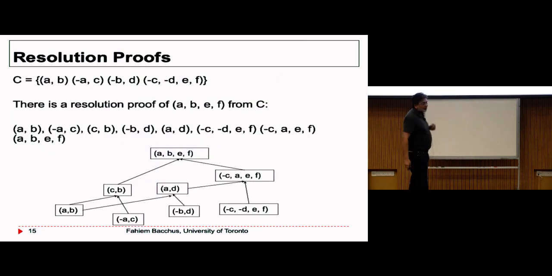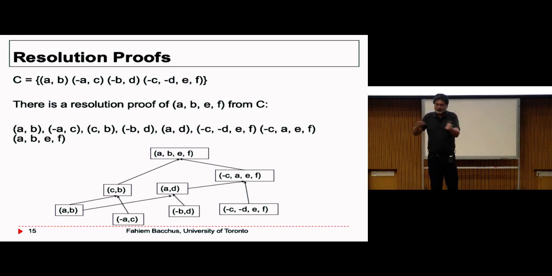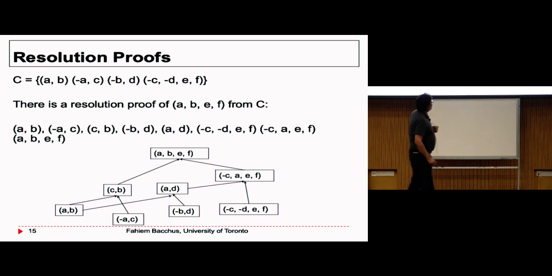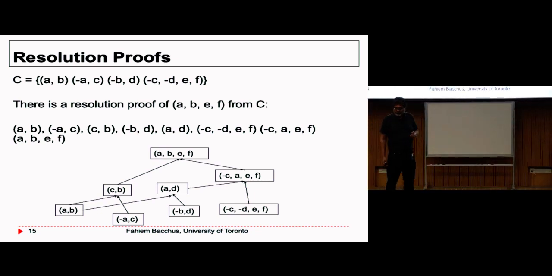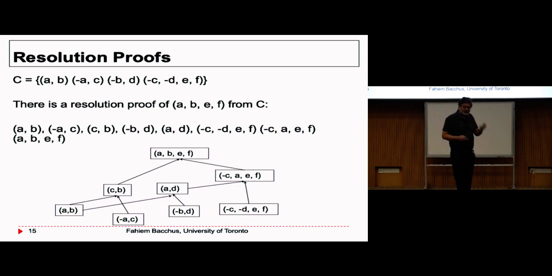Because you have this sequencing constraint that every resolvent has to depend on two prior clauses, you can rewrite every resolution proof as a DAG. If we look at this example here, we can resolve to produce this clause A, B, E, or F. That's the sequence of resolvents, and that is the resultant DAG. The DAG form is important because certain DAGs have certain structural features.